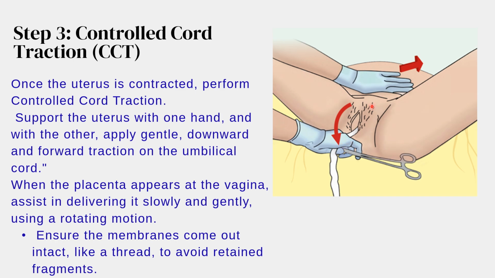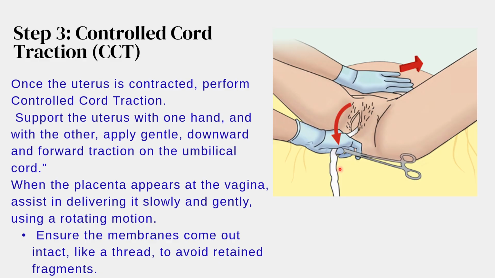You need to do the controlled cord traction only when the uterus is contracted. During that time, you gently pull the cord downward and forward. The traction should be downward and forward. Once you see the placenta in the vagina, you need to leave both hands and then hold the placenta, rotate it slowly and gently, and then deliver the placenta.